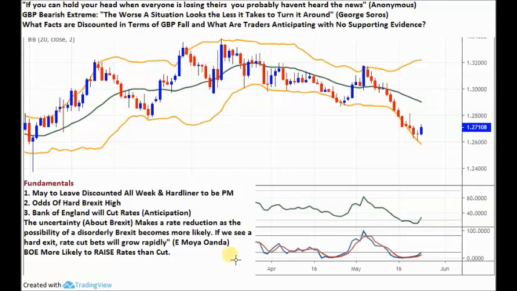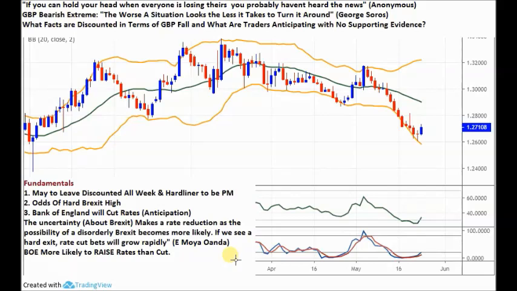That's just anticipating something that is not going to happen or is extremely unlikely. And when you get a bullish or bearish extreme, you've got the facts, and then suddenly traders start to anticipate either very bearish scenarios, or more bearish scenarios in this case, or more bullish scenarios if prices were going up.